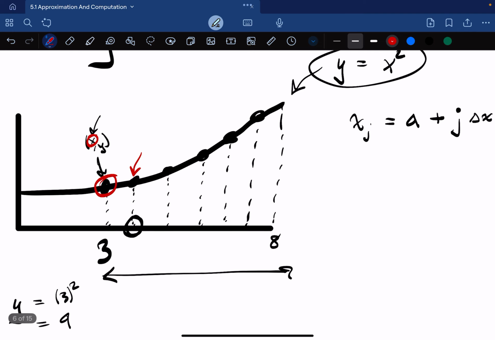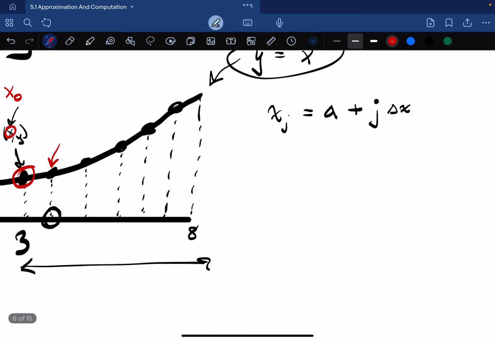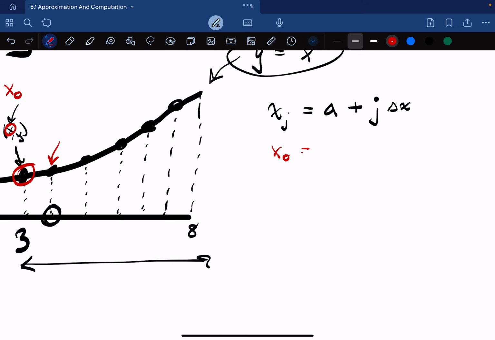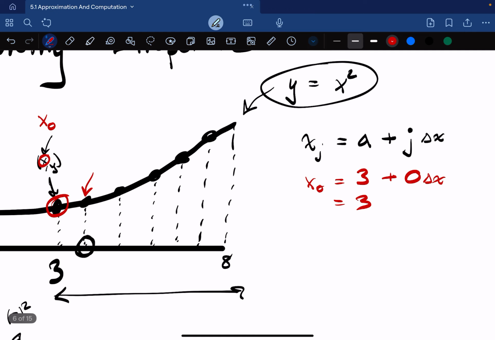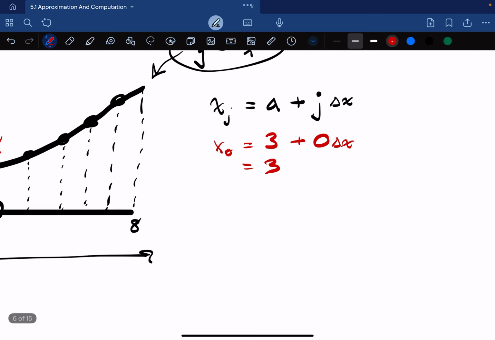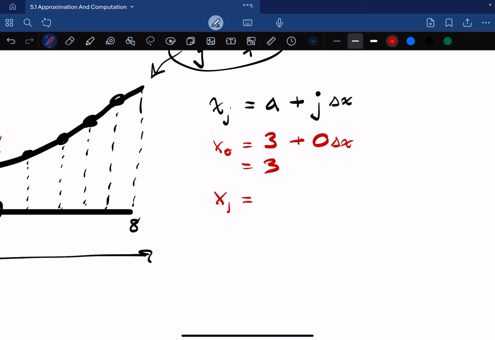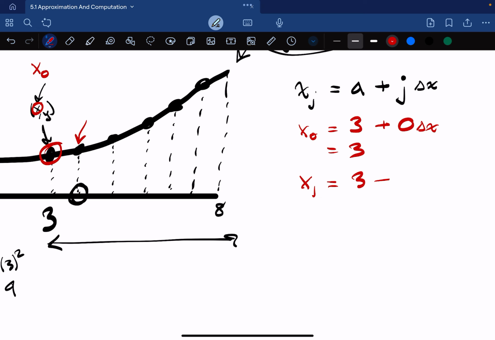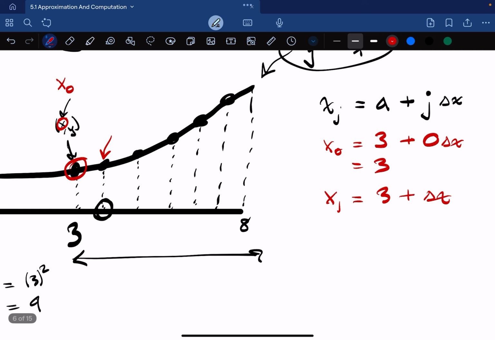The very start point is always considered x of 0. Why? Because if I plug in x of 0 here, I get 3 plus 0 delta x, meaning that my x stays at 3. I cannot count this as x of 1, because if I do x of 1, I end up with 3 plus delta x.